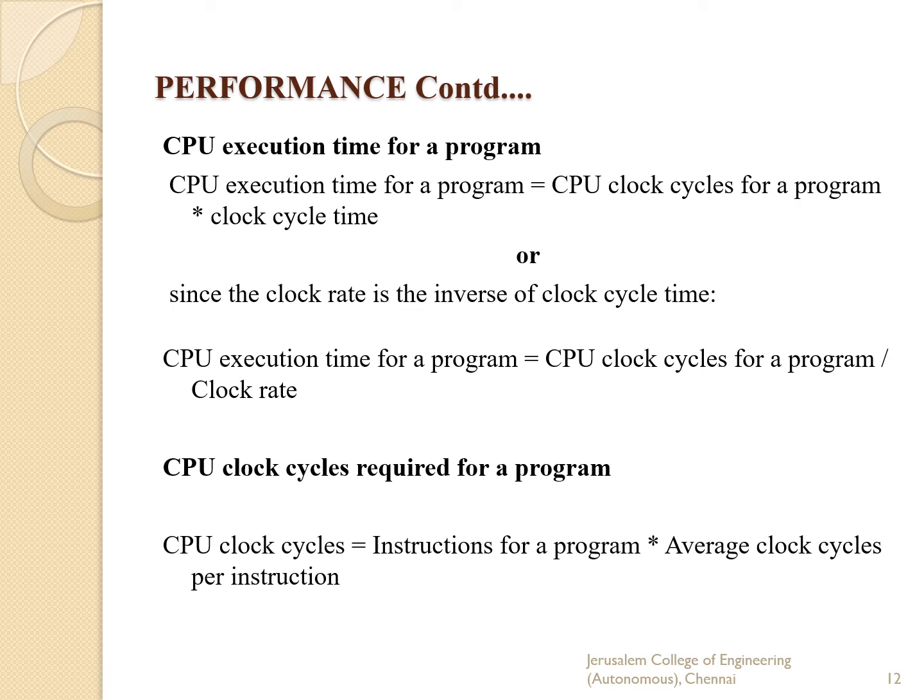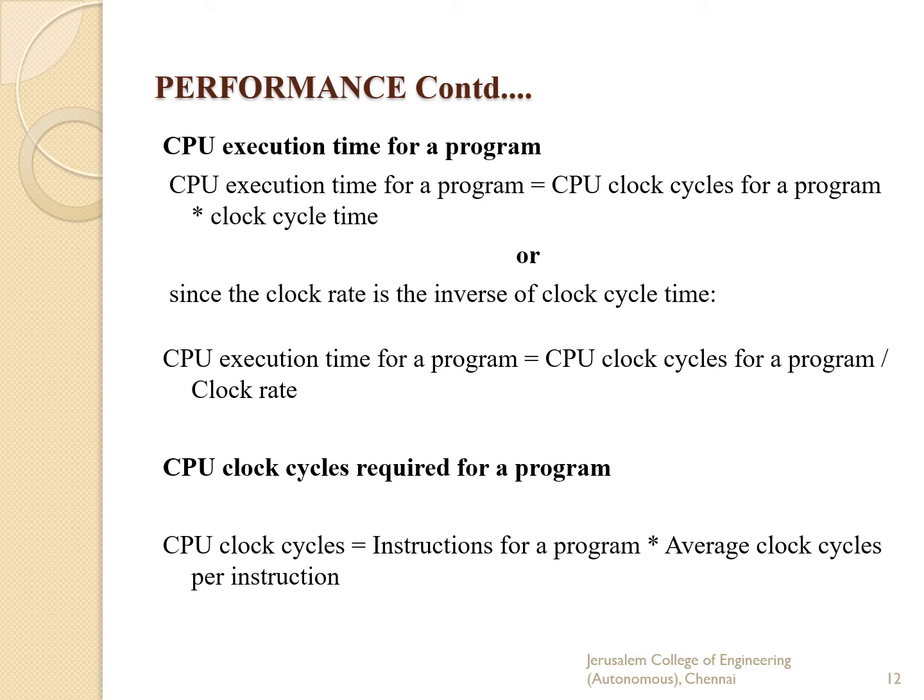Next, the CPU execution time for a program. CPU execution time for a program is nothing but the CPU clock cycles for a program into the clock cycle time. Here again, we don't take the instruction count here; we take the clock cycles for the entire program.